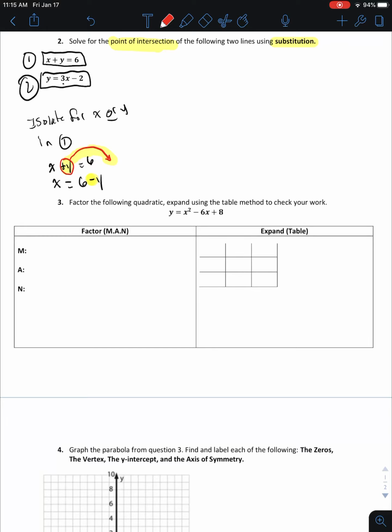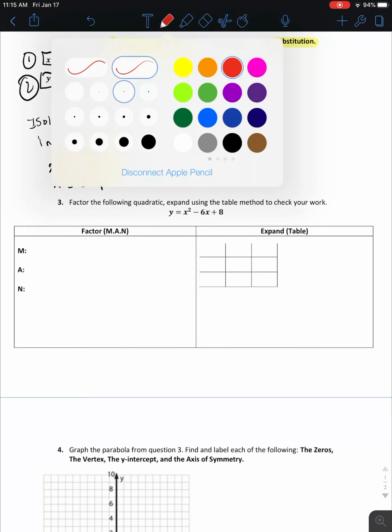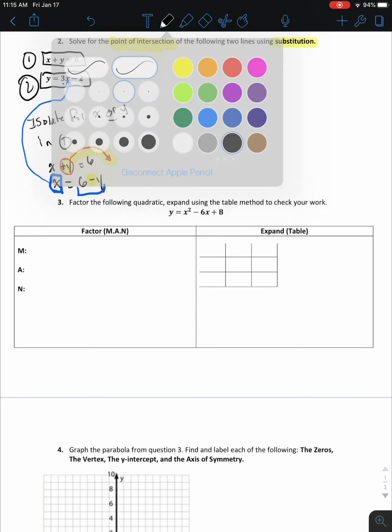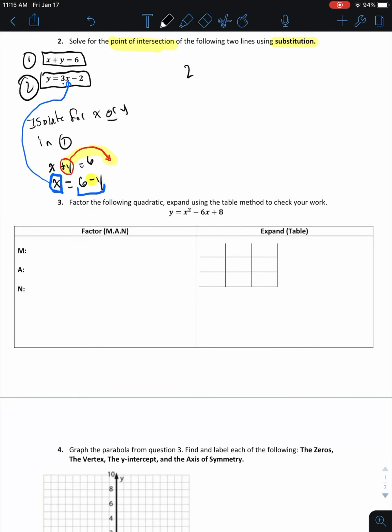Okay, so now I can take this. You see how I have just x, and it's equal to this. Then I can take it and replace it right there, where the x is. I'm going to rewrite 2.